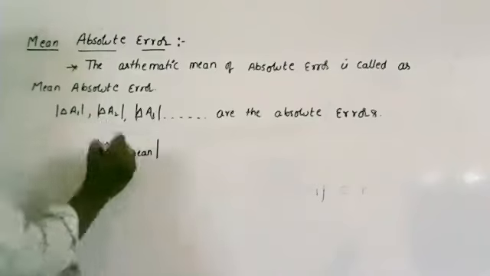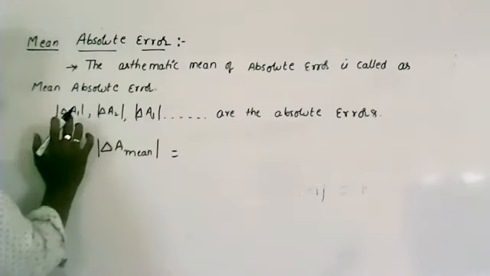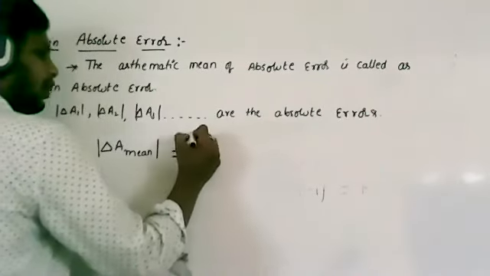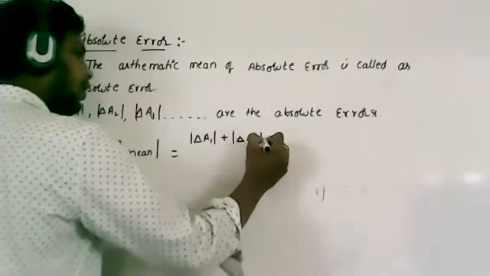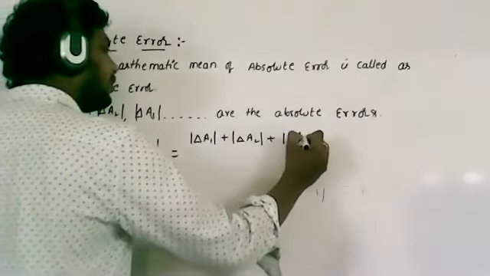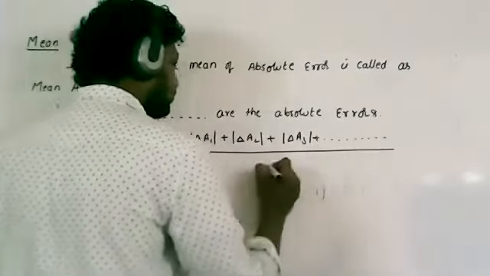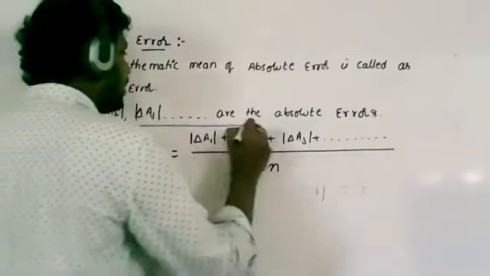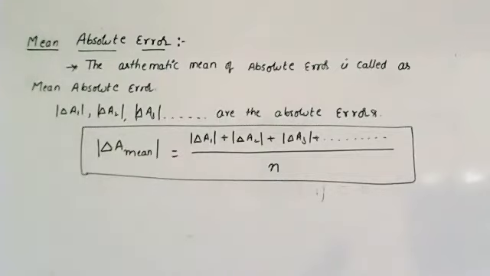Take the arithmetic mean of all the values: delta A1 plus delta A2 plus delta A3 and so on, divided by n. So this is the mean absolute error. If I take n readings and take the average of all the n readings, that is called the mean absolute error.